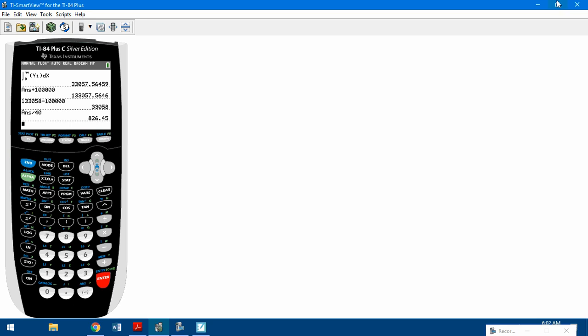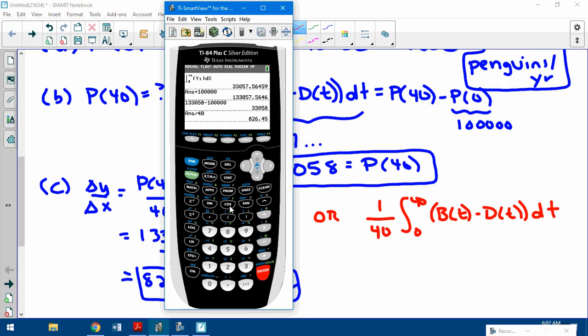If I type this in, oops, it'll be 1 over 40 times math 9 from 0 to 40. Again, b of t minus d of t I have saved in y1, so vars, y vars, function y1, dx, and look, same number, 826.